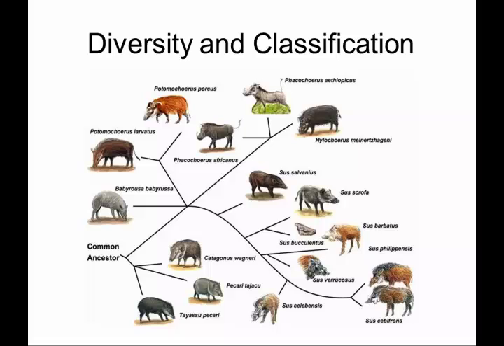In this case, we have a whole bunch of species of different pigs, pig-like things, and we put them all in the same family. But even your Sus scrofa, which is on here somewhere, this pig right here, this is the one that has been domesticated or made into bacon, basically. All right.